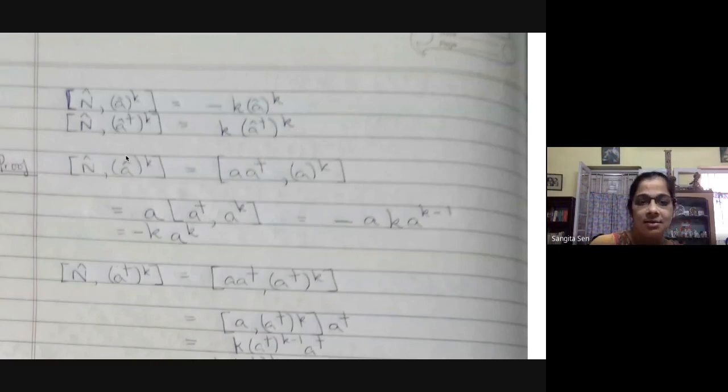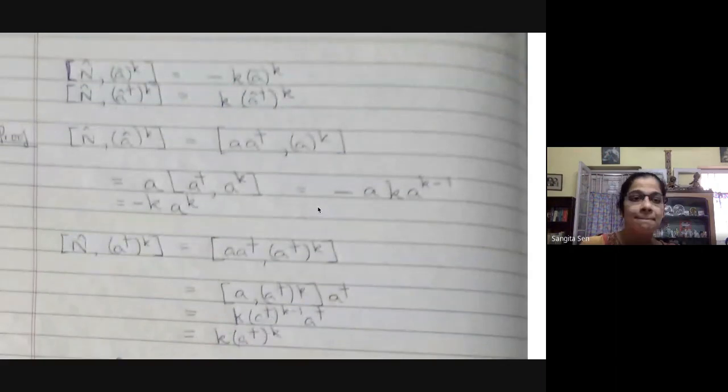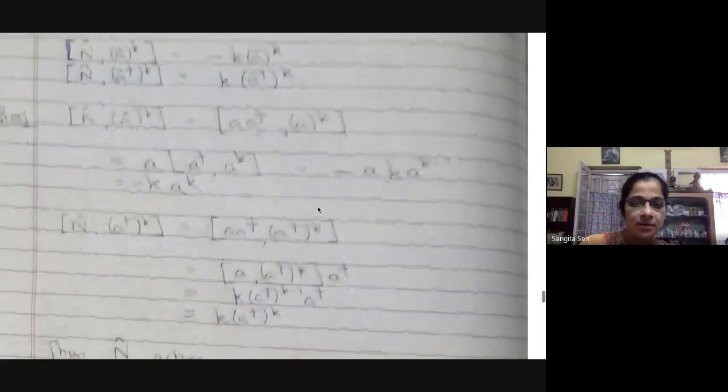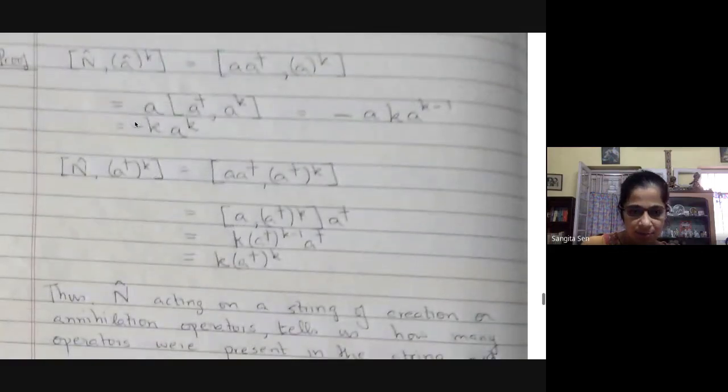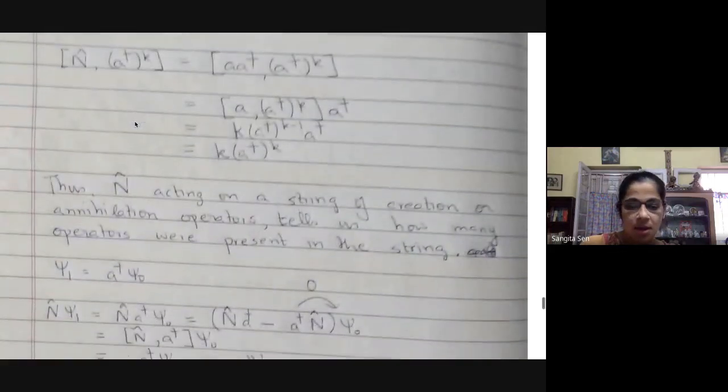And again, for the dagger, you get back plus K. So these are very nice and neat relations, and when you work with these operators and complicated expressions, this is what you will use. You will never need the explicit forms. Okay. So this is just a small proof of that. That's okay.